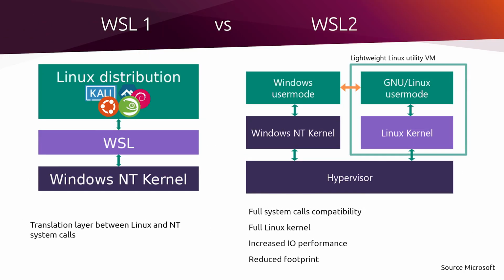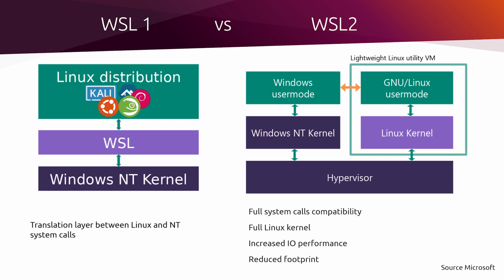So this is a comparison between WSL1 and WSL2. WSL1 is a compatibility layer between the Linux kernel and the NT kernel. What does it mean? It means that it translates every system call from Linux to NT. So a system call is the interface between the application and the kernel.